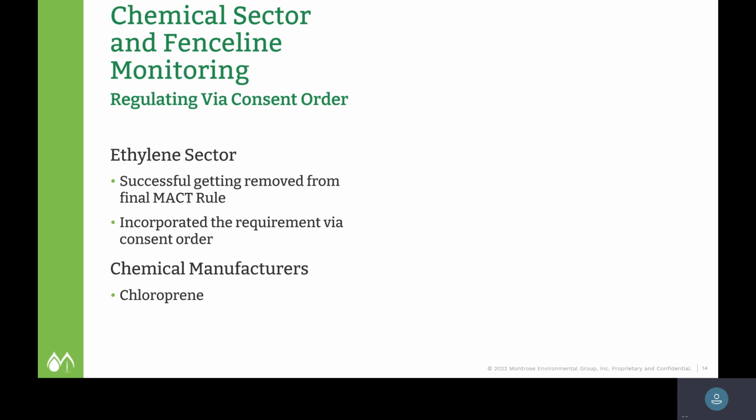So consent order. This is something EPA is doing a lot of, regulating via consent order. So the ethylene sector, well, they thought they got rid of it, but I think almost all, if not all of them, are now negotiating or finalizing or have finalized consent orders that incorporate this as a requirement.